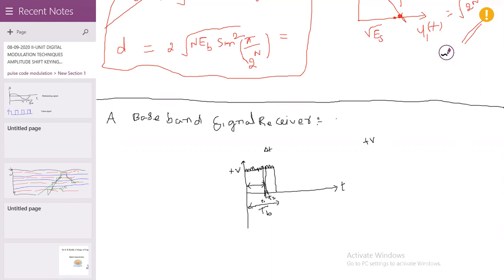Even if the noise signal decreases to, let us assume, minus V volts, they are added together at the output of the receiver, the data signal is 0 volts, which is still not negative, so there is no error.